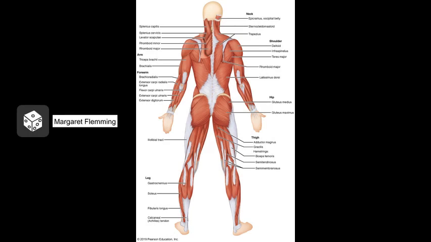Looking at the posterior aspect of the body and the muscles here, we can see that we can name muscles based on their size. Again, can you find one? I can find two of them right here, medius, maximus. We can also name muscles based on the number of origins.